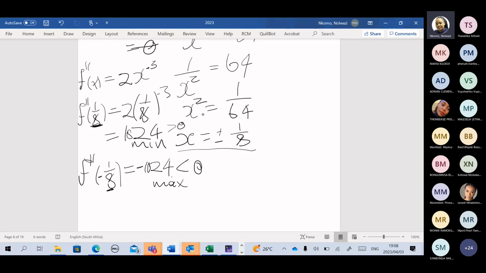Yes. To cancel this x squared, we need to add a square root on both sides. This would give us x equals plus or minus the square root of this. Oh, okay, so plus or minus. Okay, thank you.